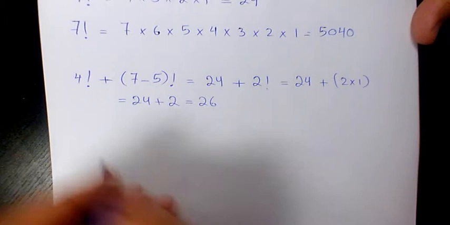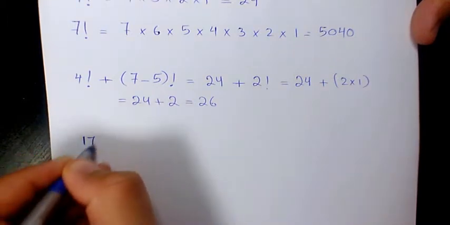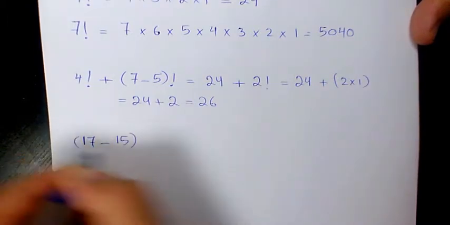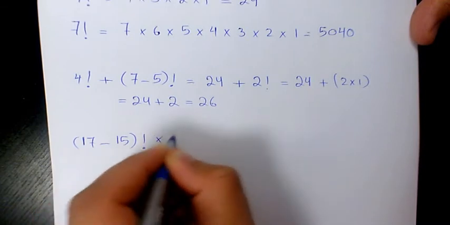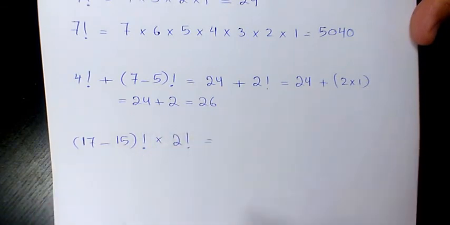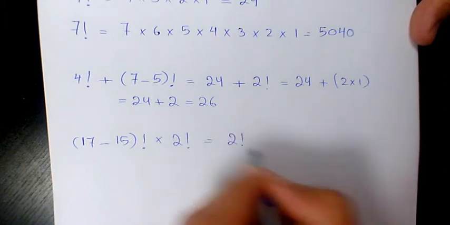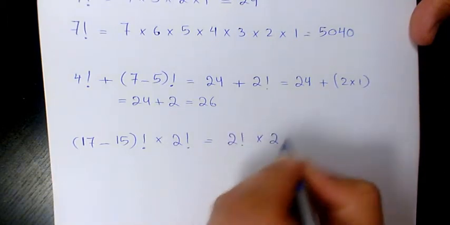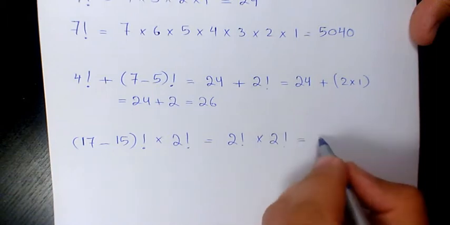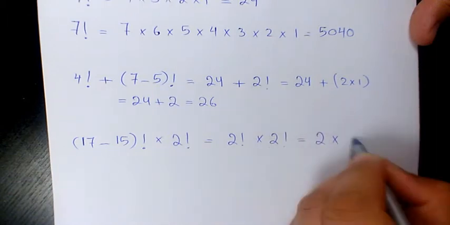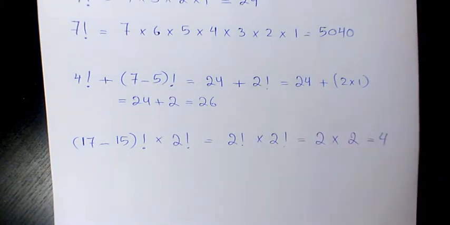What's the next example? The next example is 17 minus 15 factorial multiplied by 2 factorial. 17 minus 15 factorial is 2 factorial times 2 factorial. 2 factorial is 2 times 1, which is 2, times 2. It is going to be equal to 4.